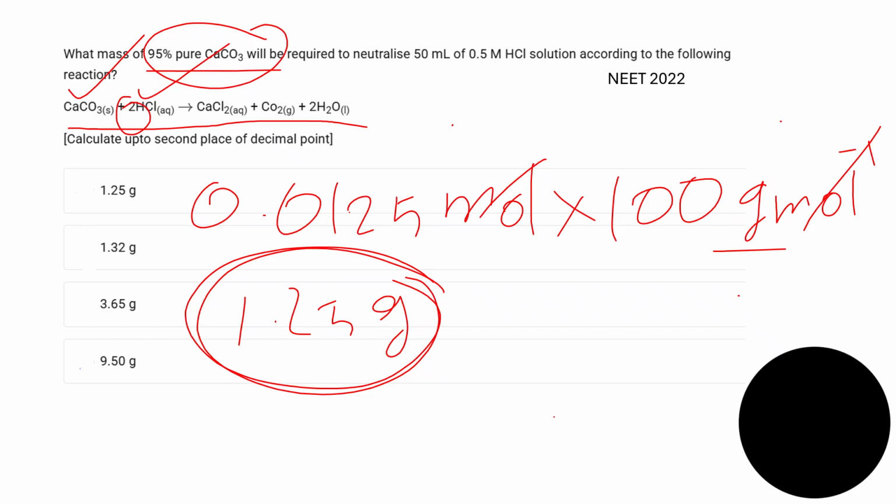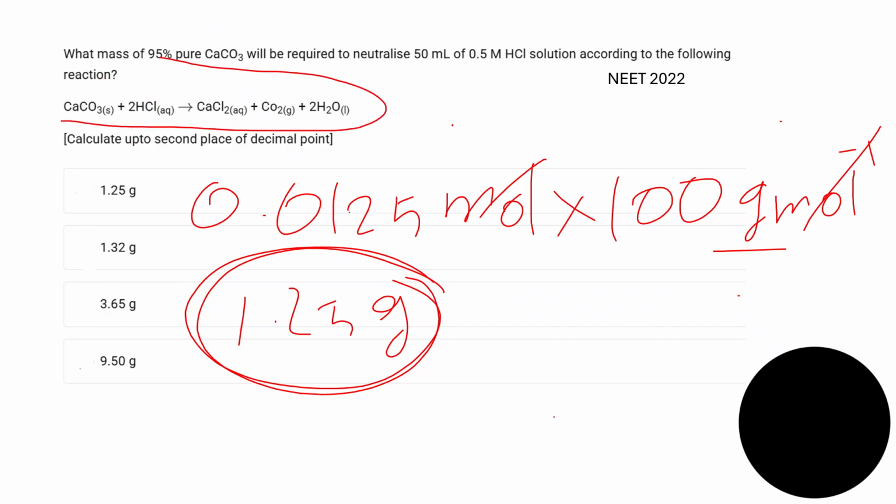We need to find the impure, or else the normal calcium carbonate, because they told us to take this equation, right? In this equation there is no calcium carbonate with 95% purity. This mass is associated with pure calcium carbonate. We need to convert into impure, which means add 5% impure calcium carbonate to this in the unit of gram. Then how to solve this?